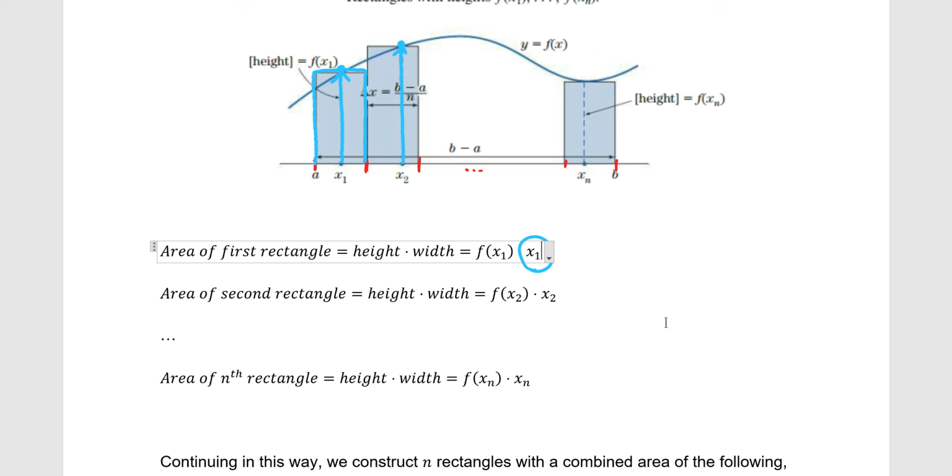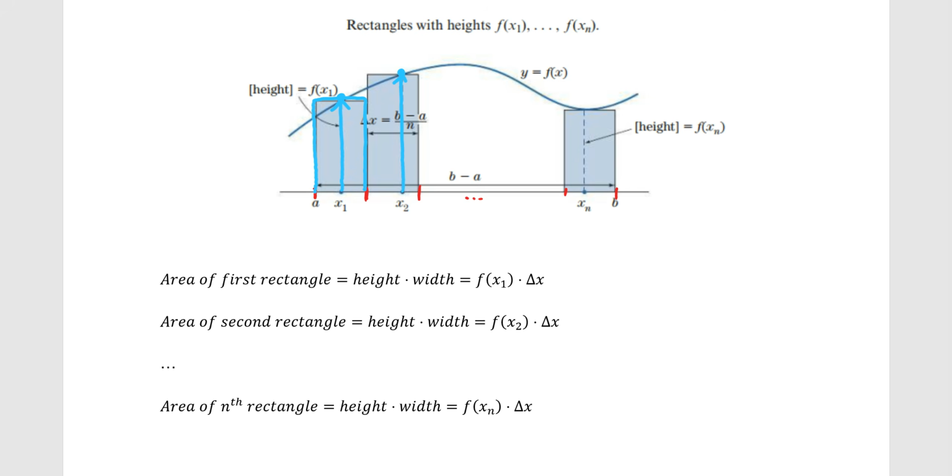This shouldn't be x1. Let me fix all these. There we go, that's better. It is the x width times the y value at that point. So it's just height times width, where the height is the function evaluated at the x coordinate in the subinterval, and all of the widths are the same.